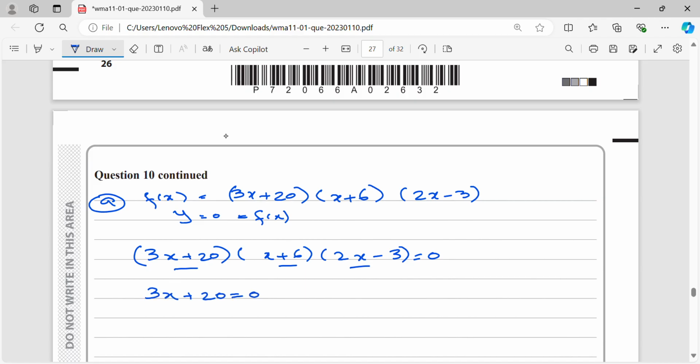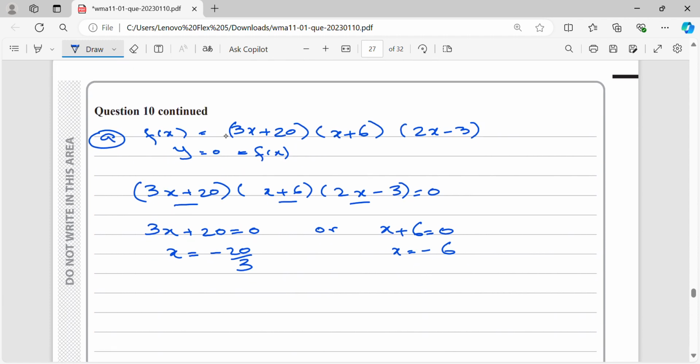3x plus 20 equals 0 gives x equals minus 20 over 3, which is minus 6 point something in decimal. Or x plus 6 equals 0 and x equals negative 6, or the third, 2x minus 3 equals 0 and x equals 3 over 2, and that is 1.5.